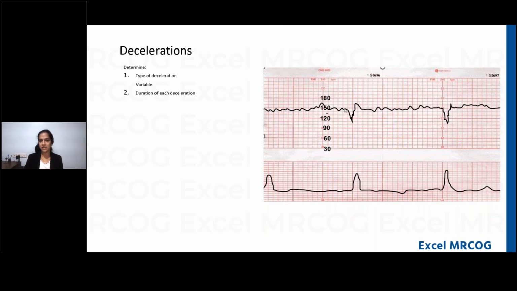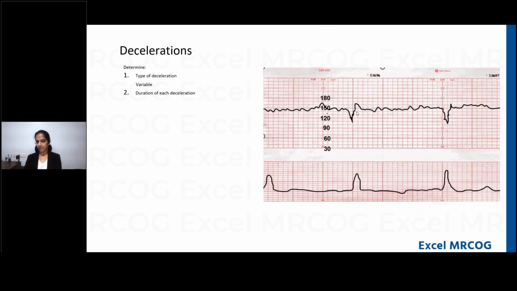Can anybody tell me what is the duration of each deceleration here? You can message also. Ma'am, it looks like around 30 to 40 seconds.